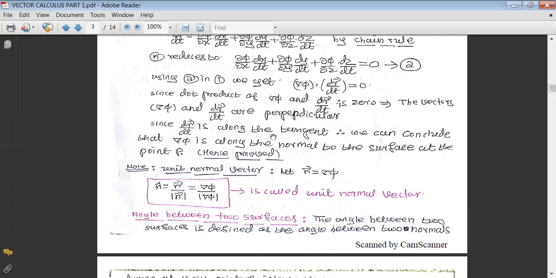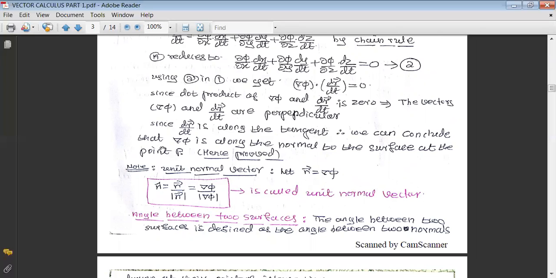are perpendicular. Since dr by dt is a velocity vector which is along the tangent to the surface at the point P, and del pi is perpendicular to this, means it is perpendicular to the tangent. Any line which is perpendicular to the tangent is called normal.